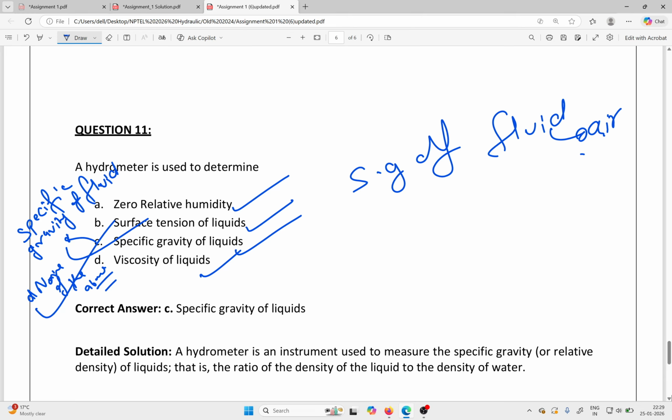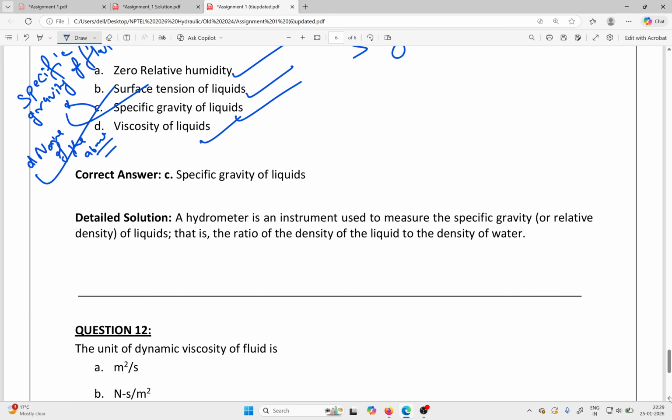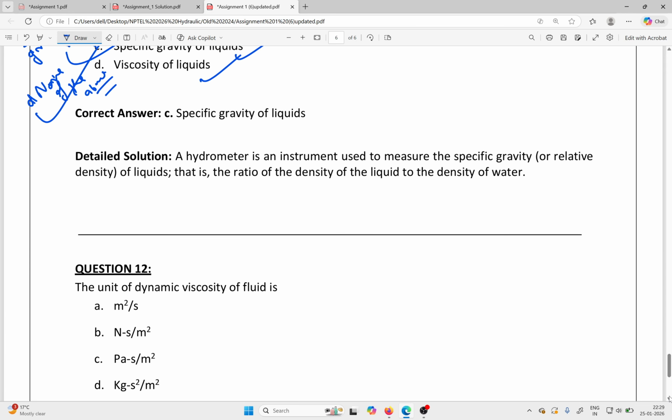Okay, next question, the last question for today. The unit of dynamic viscosity. Very simple. Tau is equal to mu du by dy. In terms of Newton, force by area, and here du by dy.